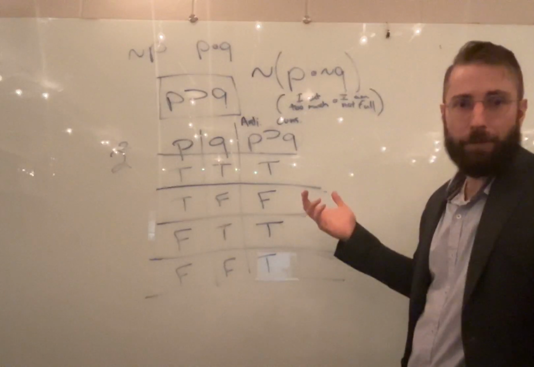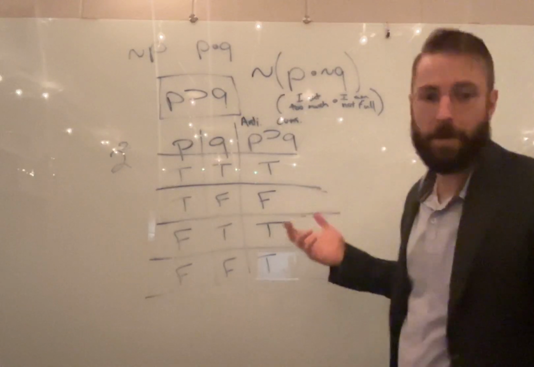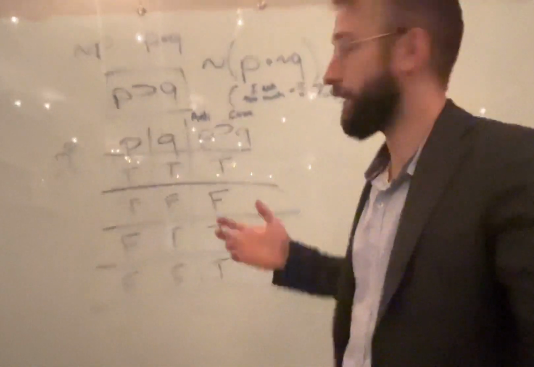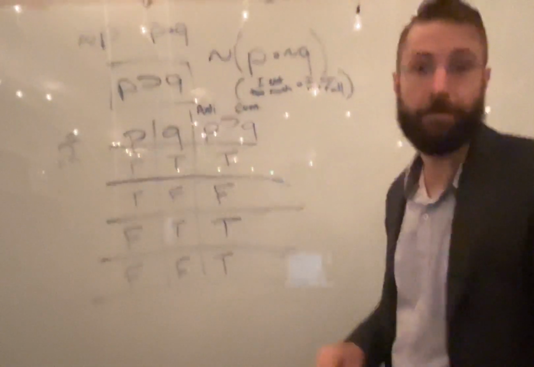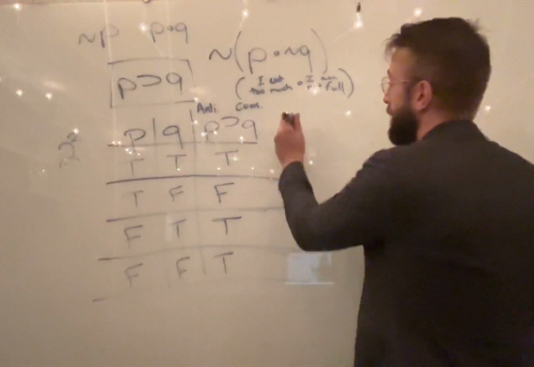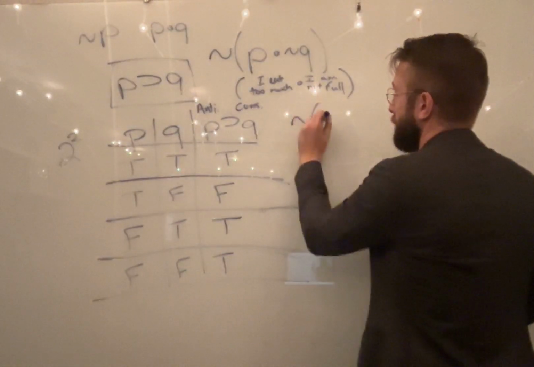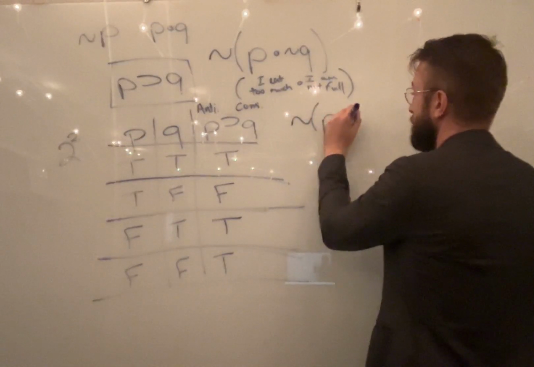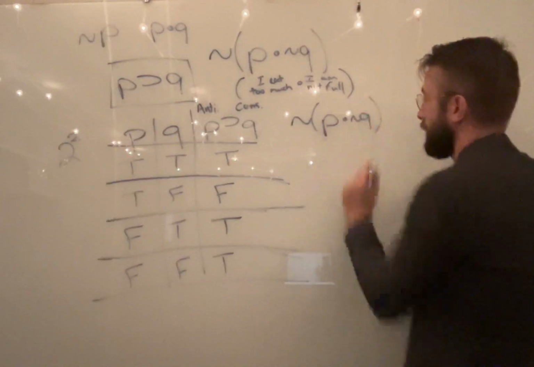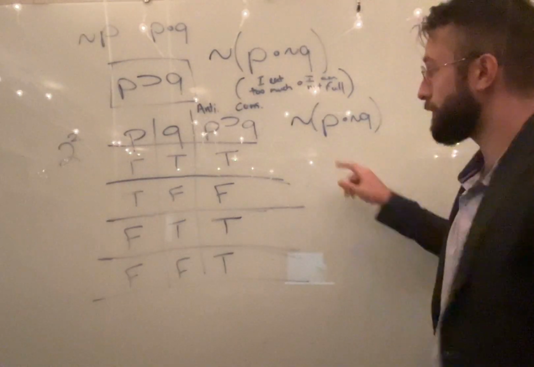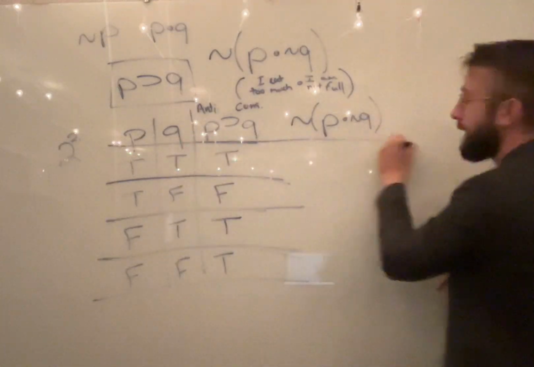Let's think about what that would look like with a diagram of the truth values. So let's say not P and not Q. First and foremost, we're going to find the variables.